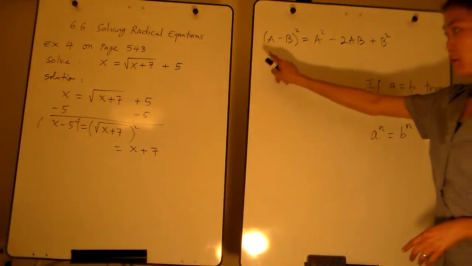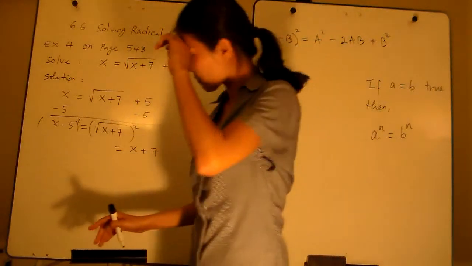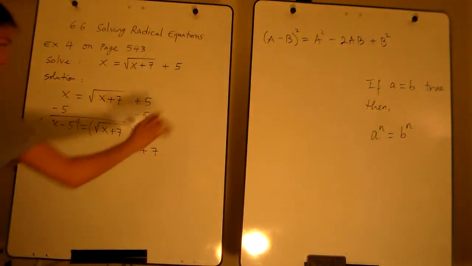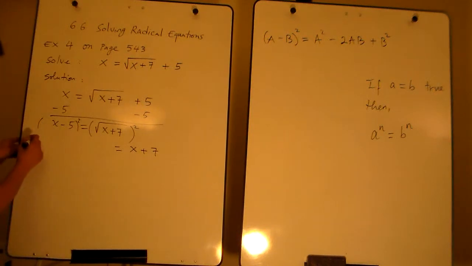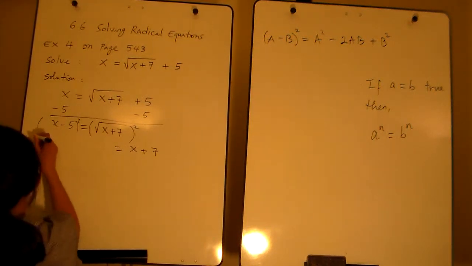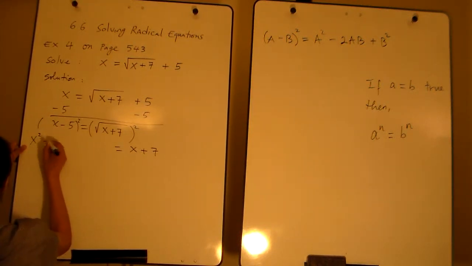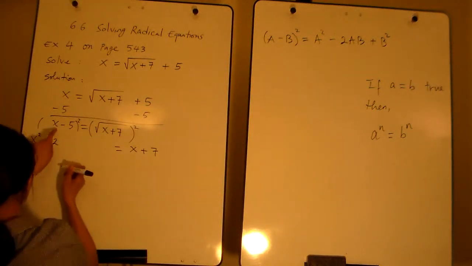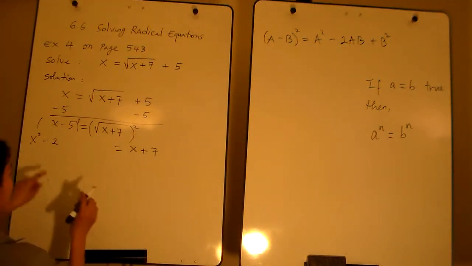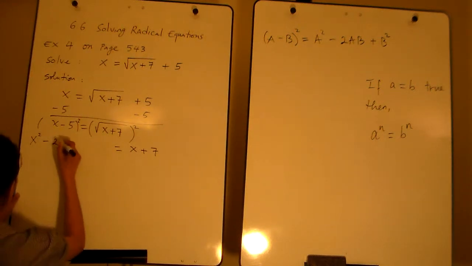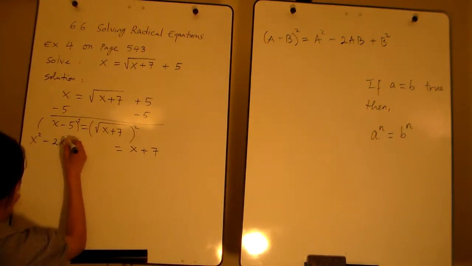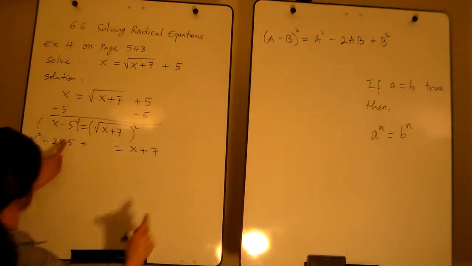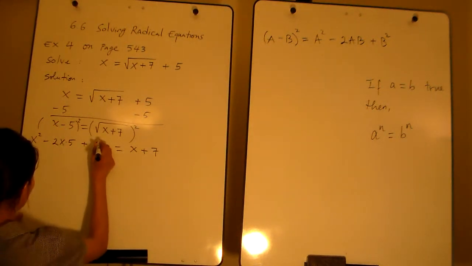I'm going to use this formula for the left hand side. So a is x, so a squared is x squared, minus 2ab. Now we learned all this before, so nothing new. Twice ab, so twice x times 5, and plus b squared, b is 5, so 5 squared.